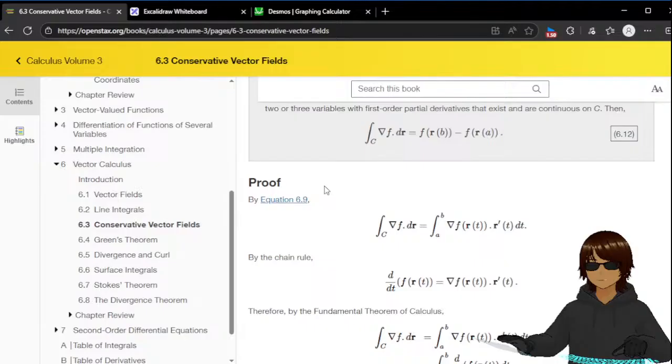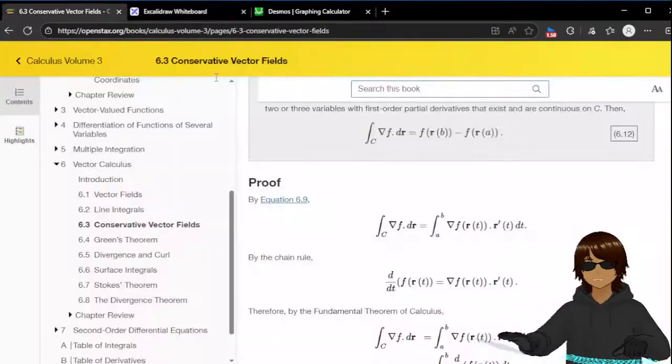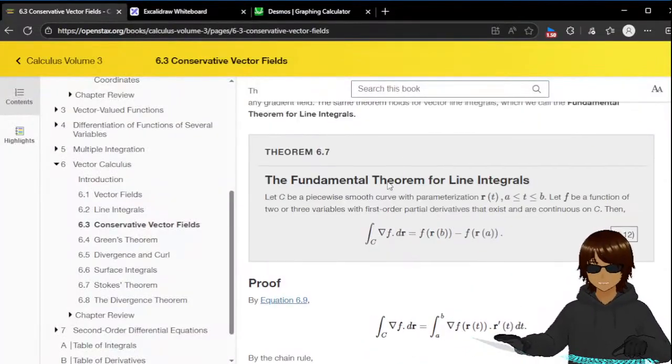That's the thing I learned last. Oh, wait, sorry, not A and B: f of r(b) minus f of r(a). This is the fundamental theorem of line integrals.